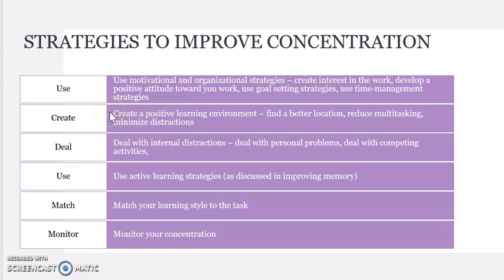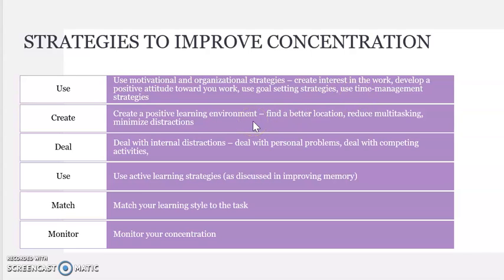So here are several strategies that you can use to improve concentration. The first one is to use motivational and organizational strategies: create interest in the work, develop a positive attitude toward your work, use goal-setting strategies, and use time management strategies.